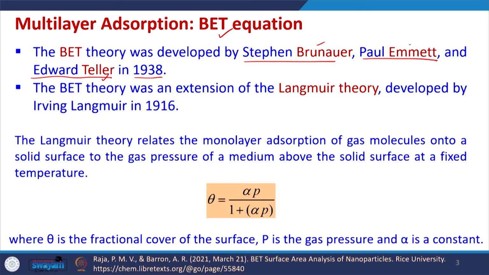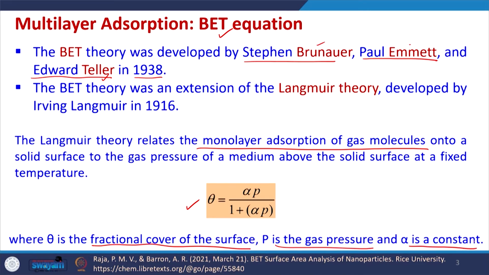So, as per Langmuir theory, the monolayer adsorption of gas molecules on the solid surface, related to the gas pressure of a medium above the solid surface at a fixed temperature, is given by this expression, where theta is the fractional cover, P is the gas pressure and alpha is the constant.